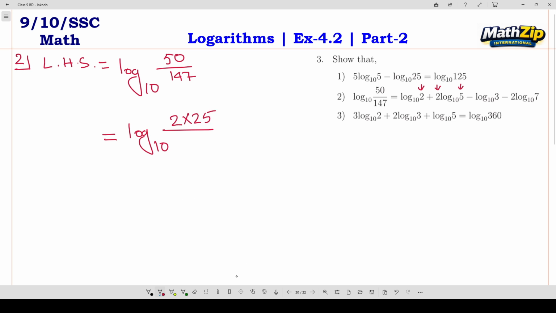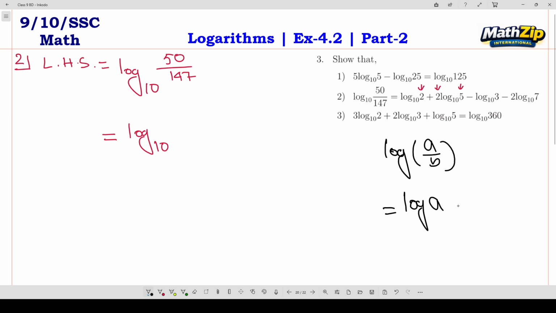Okay, or another way we can solve this one, we know log base a by b, once we are going to divide we can write log a minus log b. It's a very simple thing. So in this case we also can write log base 10 50 minus log base 10 147.